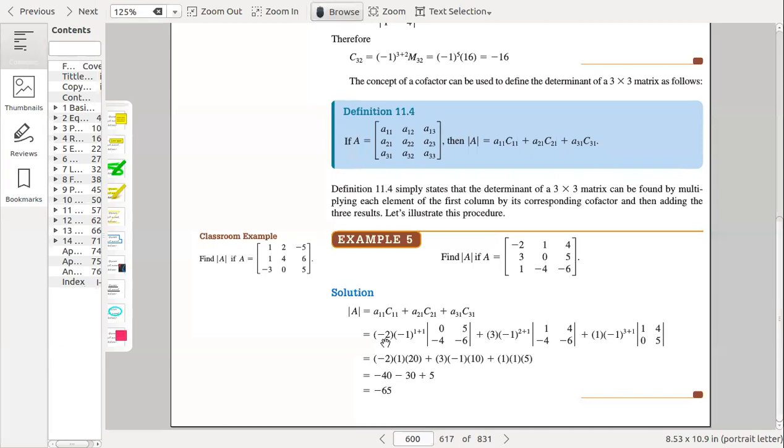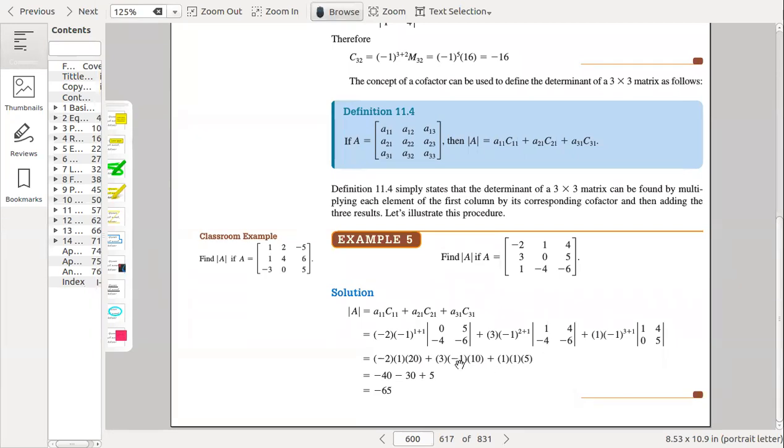So minus 2, then minus 1 power 2 is 1. So minus 2 into 1 into 20, plus 3, and then minus 1 power 3 is minus 1, then 6 minus 6 and plus 4, minus 6 plus 16.